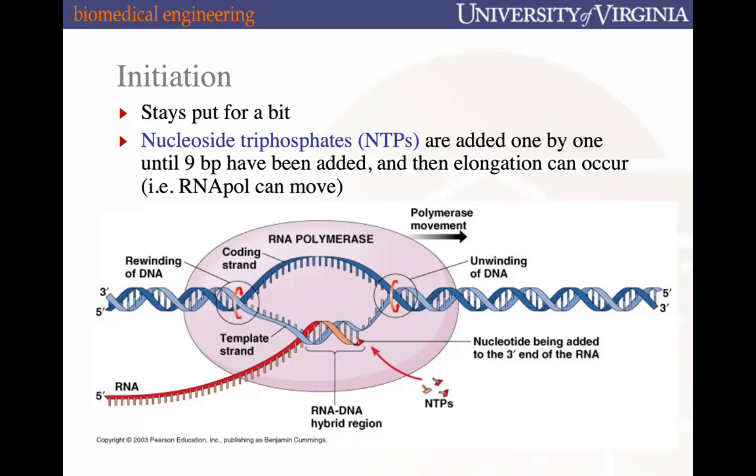After those first 9 or 10 are created, it will begin elongating, going down across the DNA and producing the mRNA transcript.